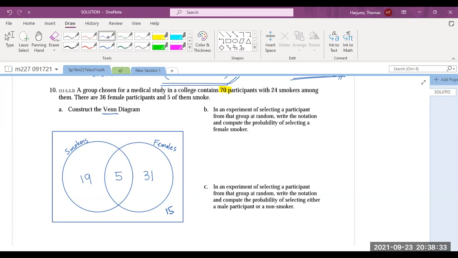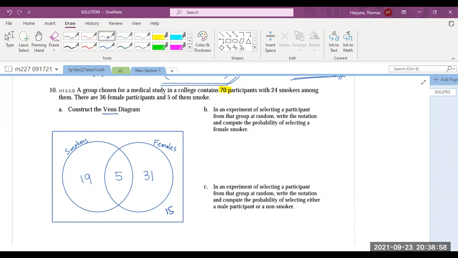They are non-smokers. You are right. So these 15 are outside of the female and also outside of smokers, so they are male non-smokers.